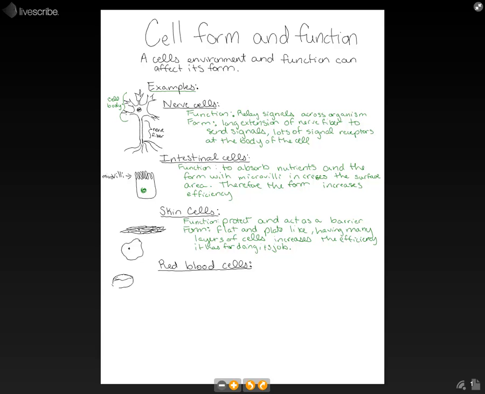It's not as obvious why their form fits their function, but looking at a red blood cell, we know their function is to deliver oxygen to body cells.